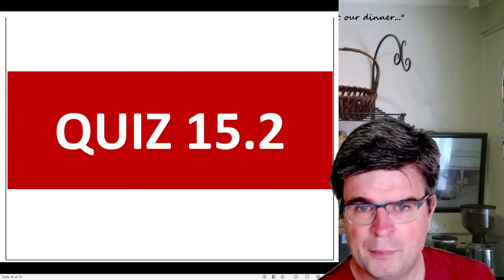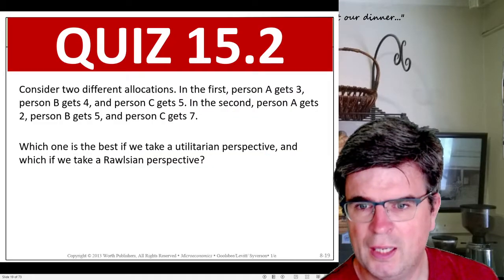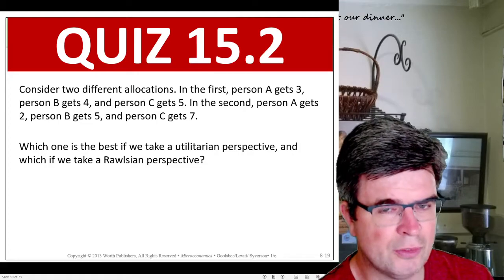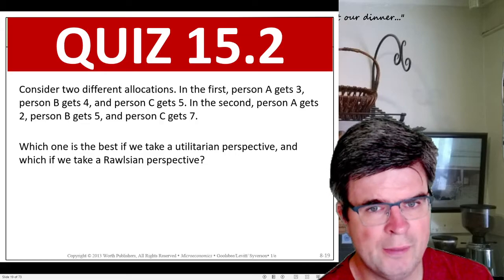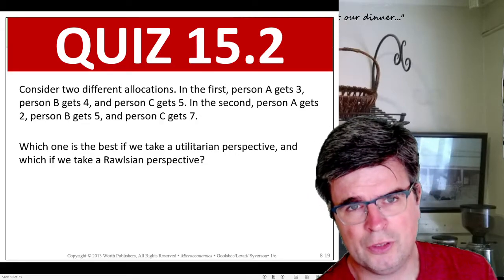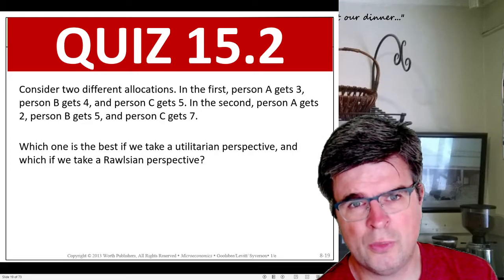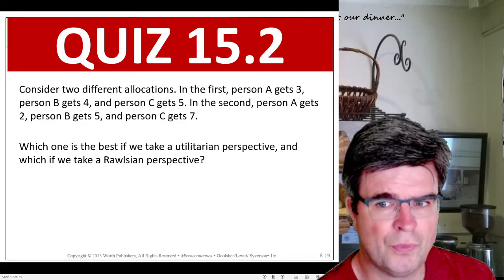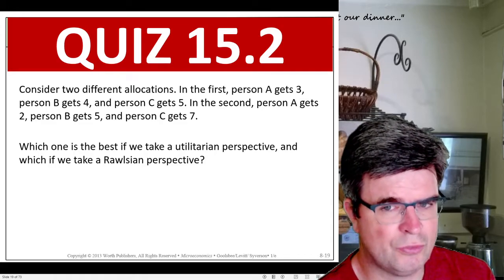But before that, we have a second quiz, and we consider two different allocations. In the first allocation, person A gets 3. Think of getting 3 units, but also that these 3 units represent a utility of 3. Person B gets 4 units and person C gets 5.